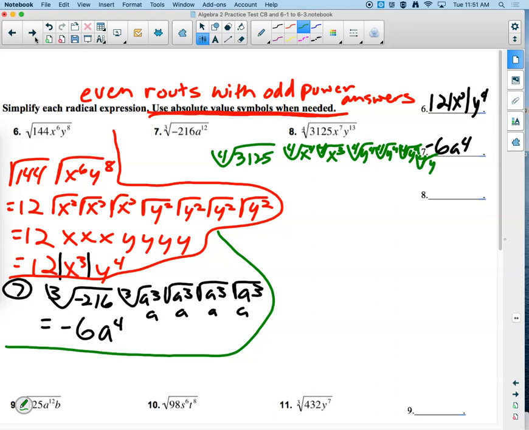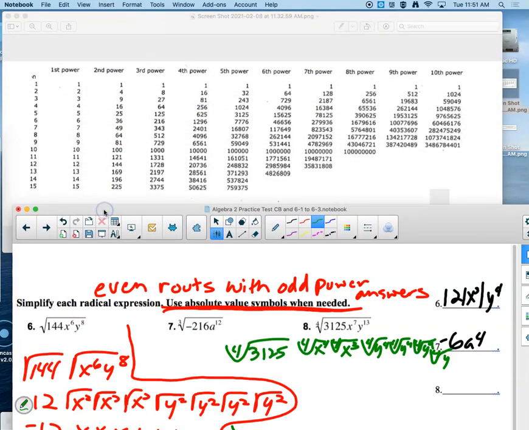All right, 3125. Fourth root of 3125, that doesn't show up on the power chart, does it? No, it's not there. But one of them, and a pretty big one, divides into 3125. What is it? 625. How many times?